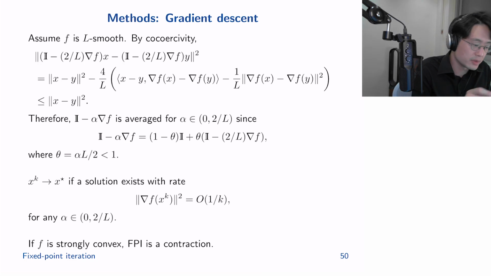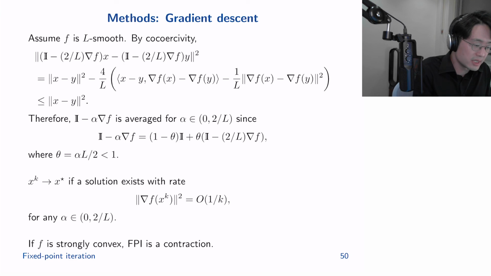We expand all the terms. So we have the norm of x minus y squared, we have the norm of grad f(x) minus grad f(y) squared, and then we have the cross terms. Now this term is bigger than or equal to 0 due to the coercivity inequality. Therefore, we have this less than or equal to the norm of x minus y. To put it differently, this operator is a non-expansive operator.